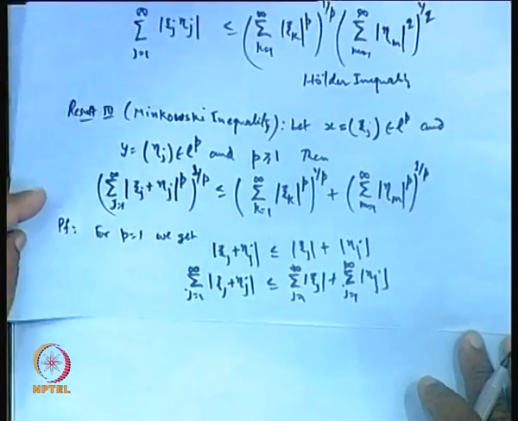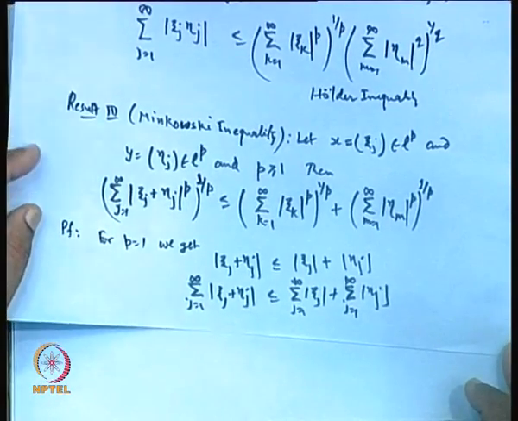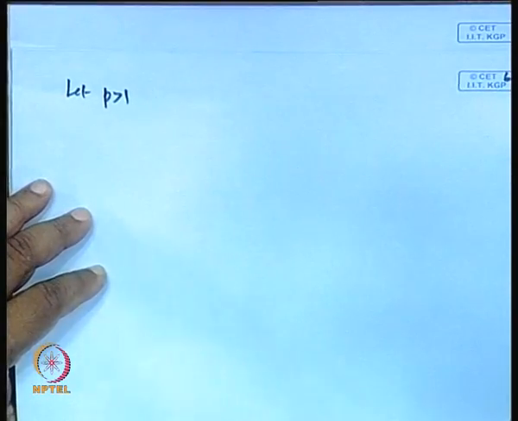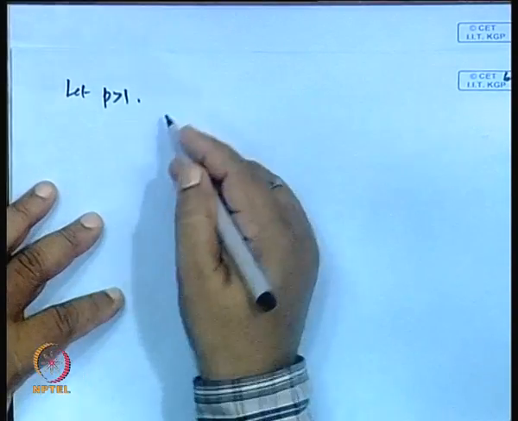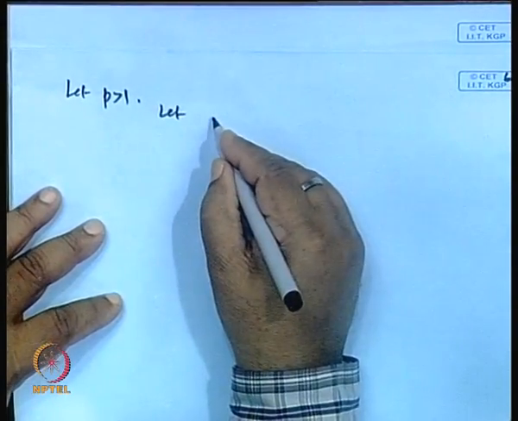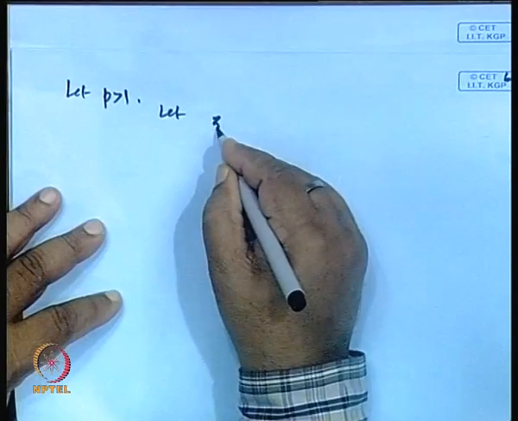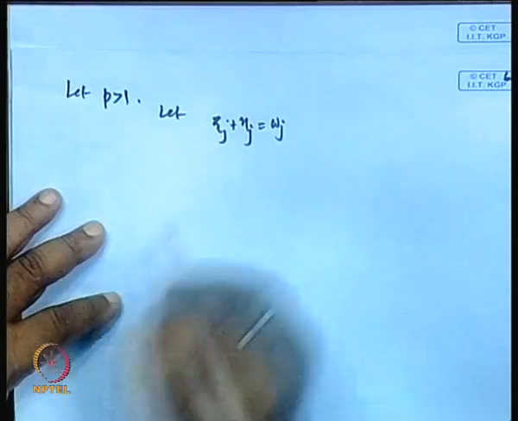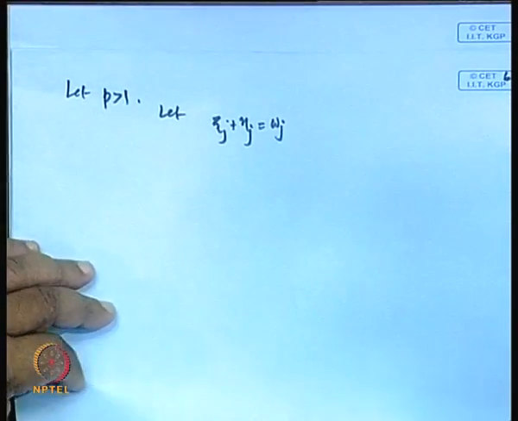Now, let us take p greater than 1. Okay. Now, to simplify the formula, let us take x_i^(j) plus eta_j as omega_j. Okay.